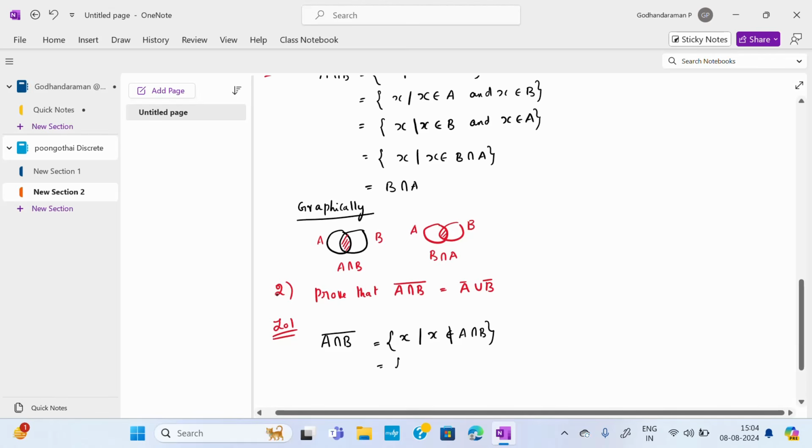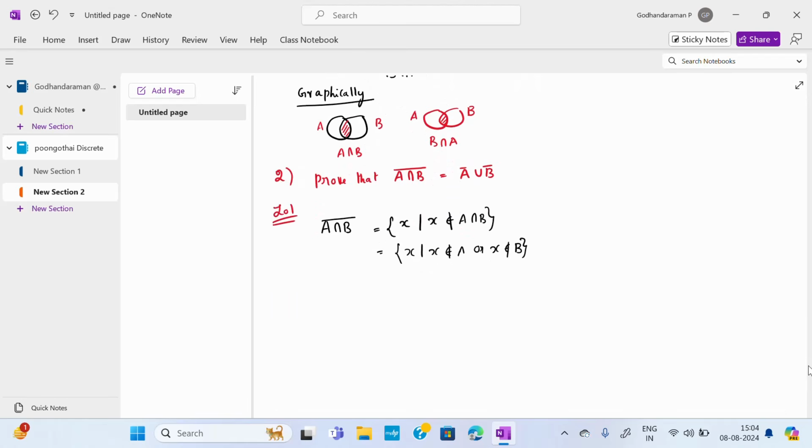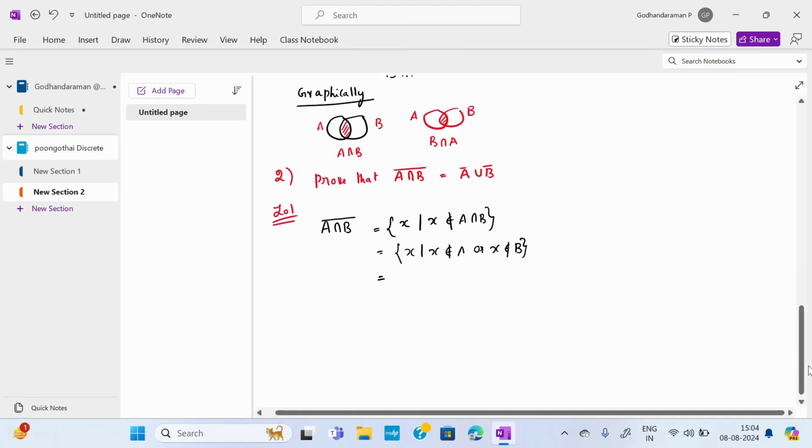Next step, set of all x such that x does not belong to A or x does not belong to B. So it does not belong to both A and B. That is the meaning. Next step, set of all x such that x belongs to A bar, because does not, if I change it to belongs, it is A bar. Same way or x belongs to B bar.